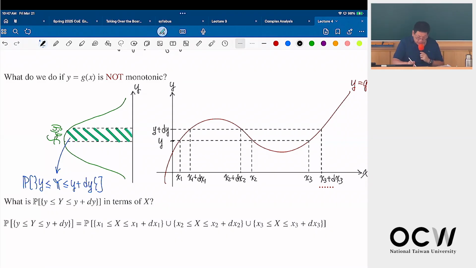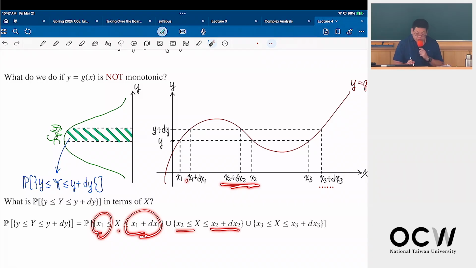All right, so now to find this area, okay, this area, that means in x, this part, and this part. Okay, so here, and here. So there'll be, my x is between x1 and x1 plus dx1, x2 and x2 plus dx2, x3 and also x3 plus dx3.